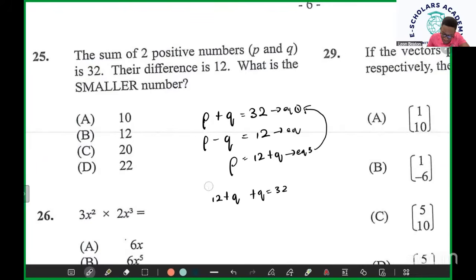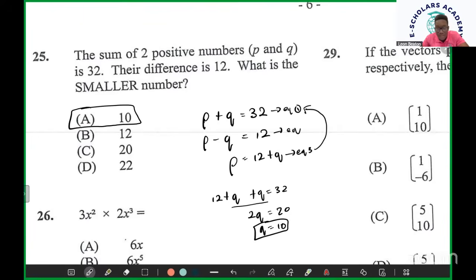So Q plus Q is 2Q, is equal to, take over this 12, it will subtract, so 32 subtract 12, which gives us 20. Q is equal to 20 divided by 2, which is 10. So Q is 10. Is that the smaller number? Yeah, Q would be the smaller number because when you solve for P, it will be 12 plus Q. So Q is 10, which is A.